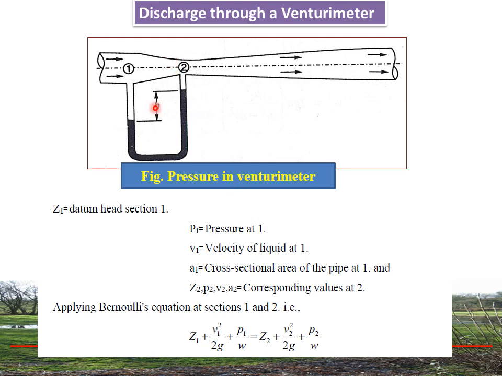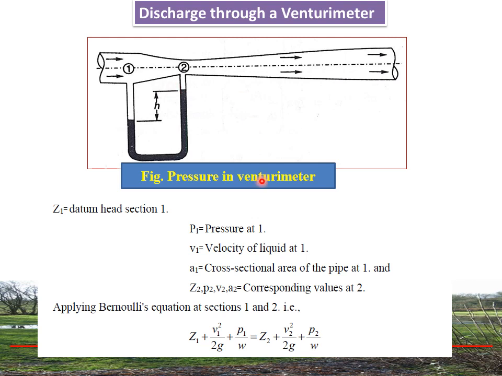Okay, the next step is the derivation of the Venturi meter. As shown in the figure, consider sections 1 and 2. At section 1, D1 is the diameter, P1 is the pressure, V1 is the velocity, A1 is the cross-sectional area, and Z1 is the datum head.